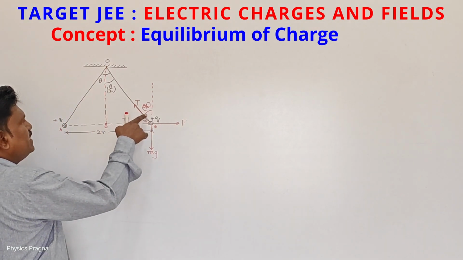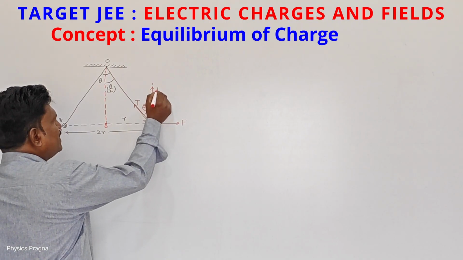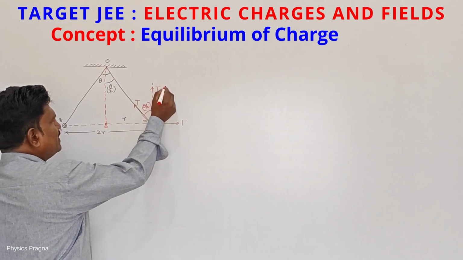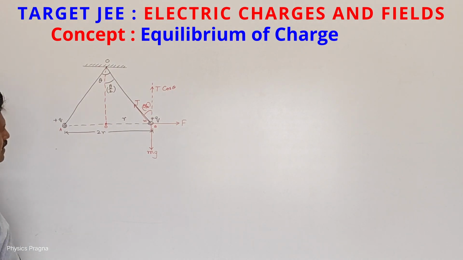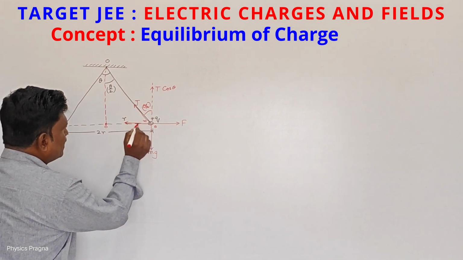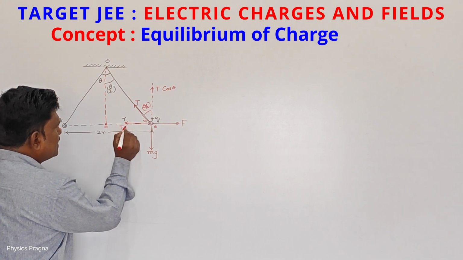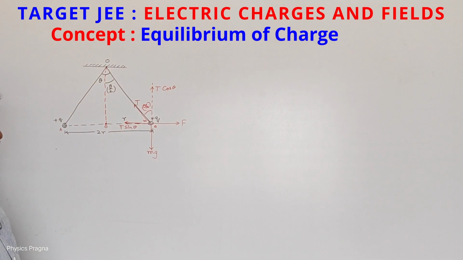If this is theta by 2, this is also theta by 2. So in this direction, what is there? T, this is adjacent, so T cos theta. In this direction, obviously T sin theta.